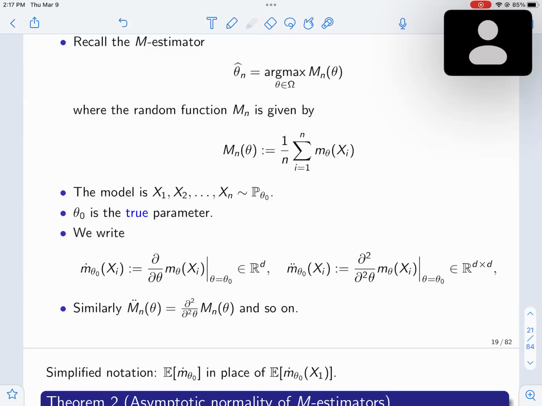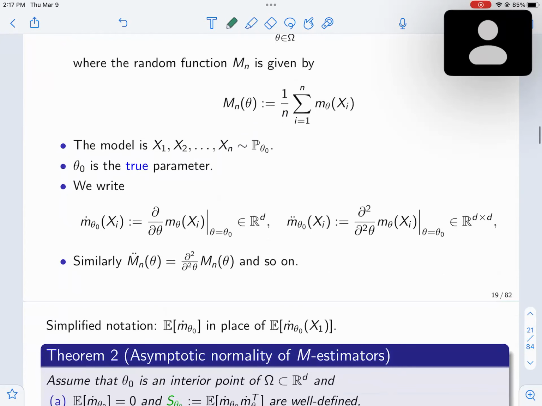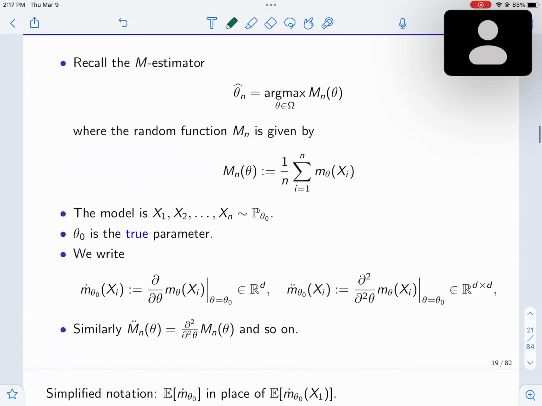The first one is really the gradient. So if theta is in R^d, this is going to be in R^d, and this is going to be a d by d matrix, the Hessian of that function evaluated at theta naught. Similarly, we'll put a double dot on top of capital Mn to mean the second derivative of Mn, and so on. So the setting is clear.